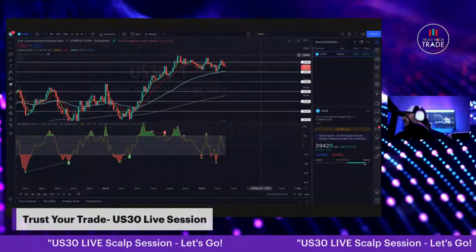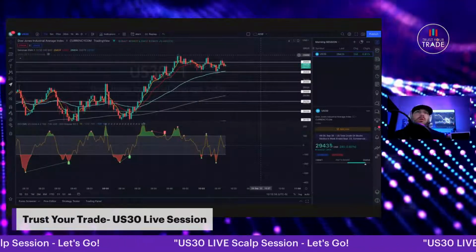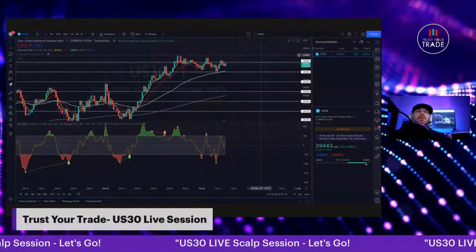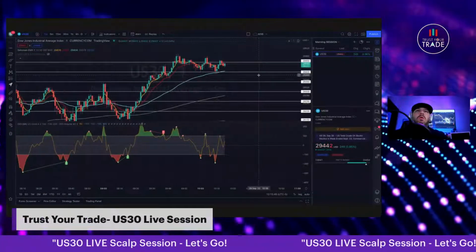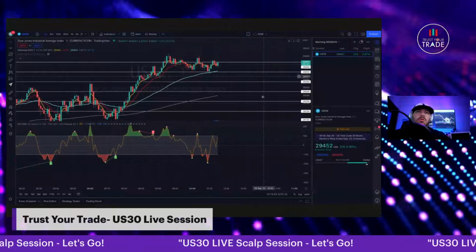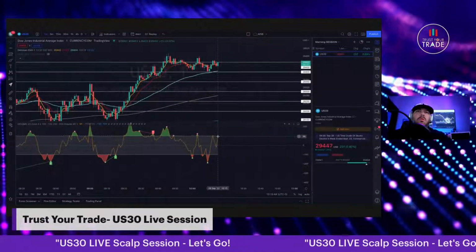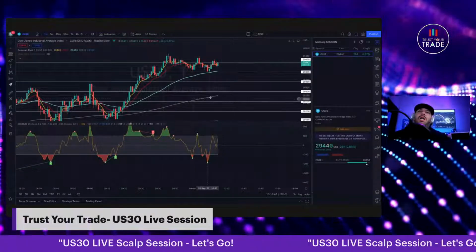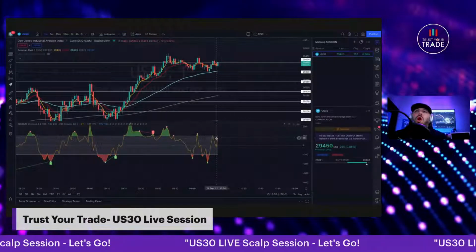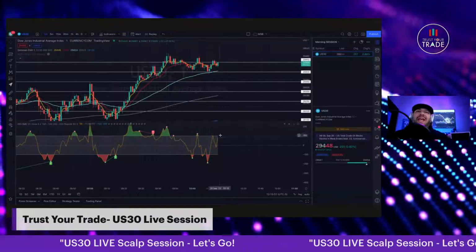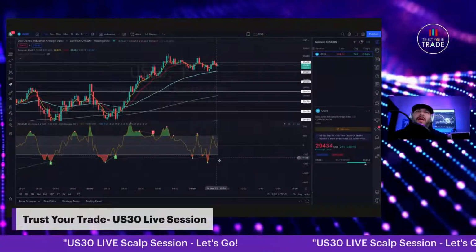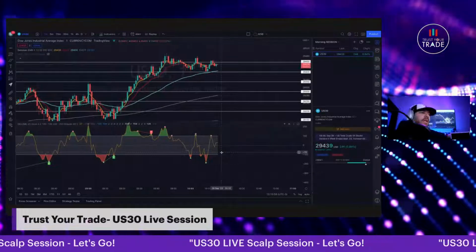And again, we're just being patient right now. Being that we're on top of the 200 on this 1 minute, when she comes back into an oversold area, I'm going to go ahead and get in.